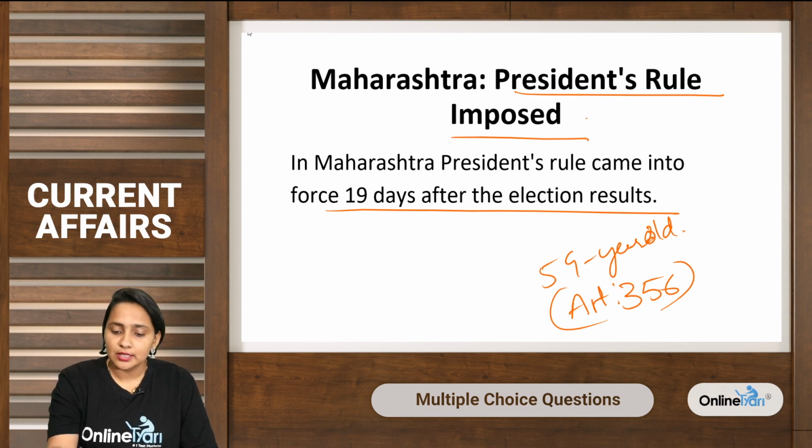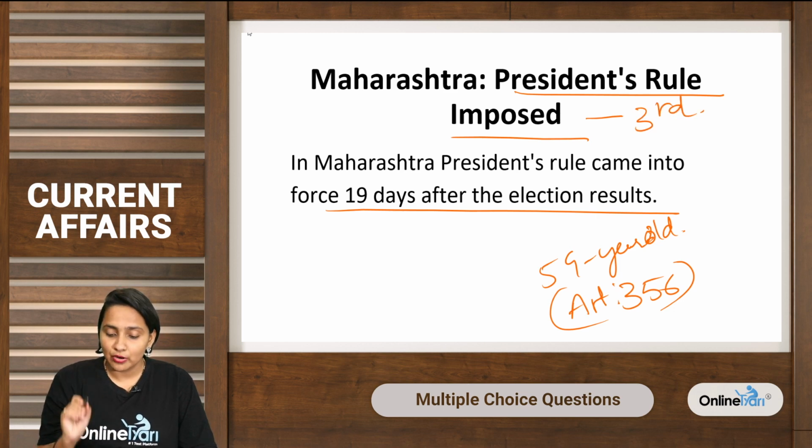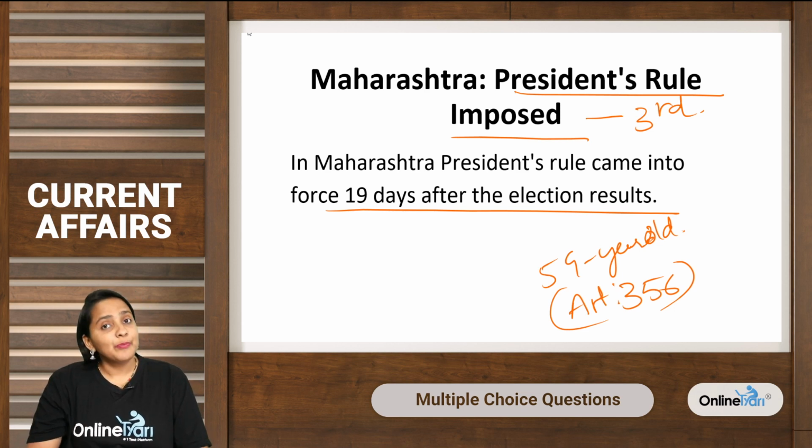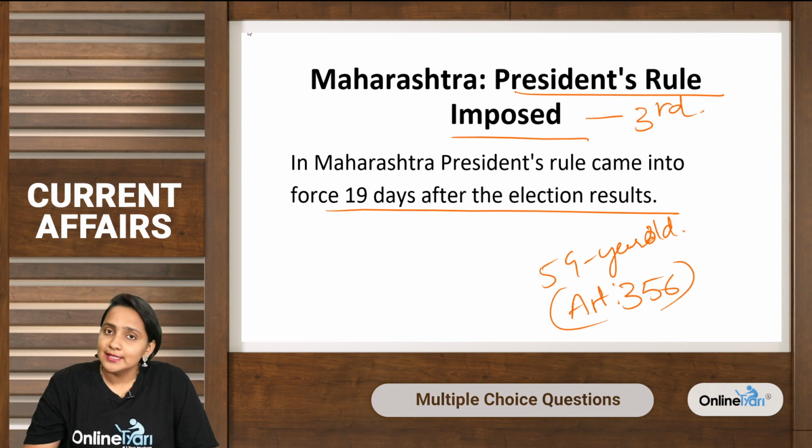So this is the third time President's rule is imposed, but first of this kind where political parties couldn't form the government. The present Maharashtra came into existence on 1st of May 1960. The assembly elections in Maharashtra were held on October 21st and the results were declared on October 24th.